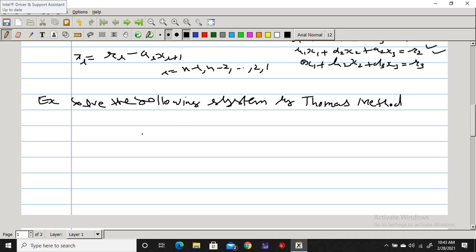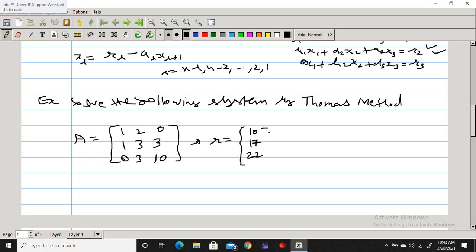What is the system? This matrix A, a 3 cross 3, we are given as 1 2 0, 1 3 3, 0 3 10. Okay, and R we are given as this column vector 10 17 22. This is R given.